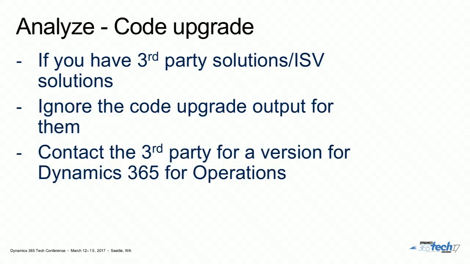The last thing on the code upgrade I want to say for now is, if you have third-party or ISV solutions, or the customer has third-party or ISV solutions, ask the third party for a new version of that solution.